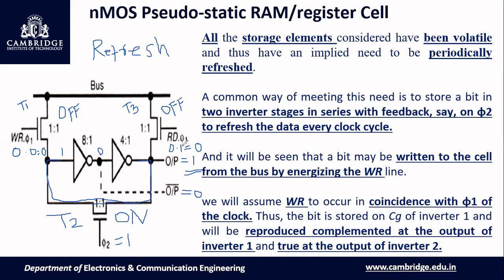So when phi 2 is 1, phi 1 should be 0. Understood, no? The output of second inverter is 1, that is given to input of first inverter, and that is inverted. Getting it? This is during a refresh operation.